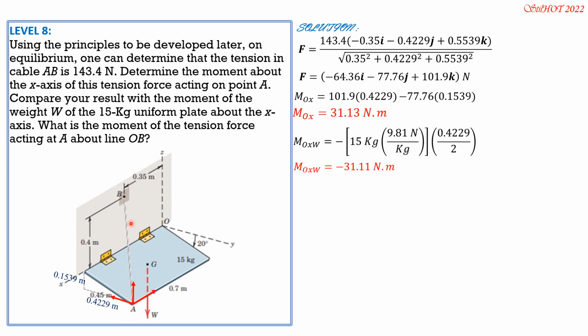So the answer is automatically zero. Why? Because the tension force passes through B, and B is on the axis OB. So I answered it very shortly by common sense. It's up to you to show that it is zero. So MOB is zero.